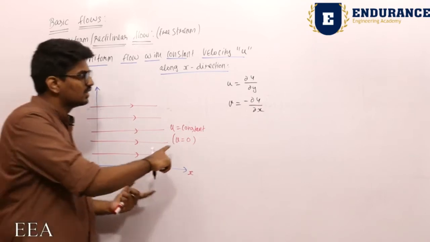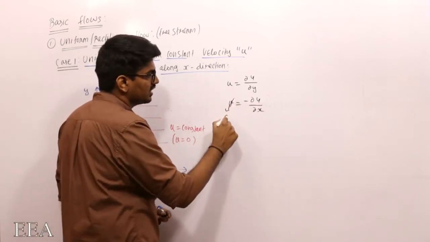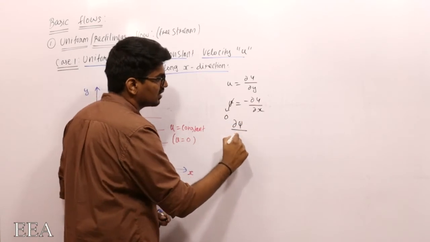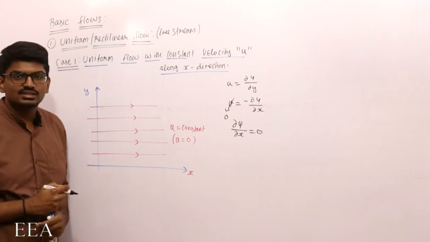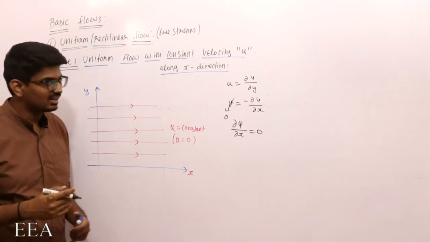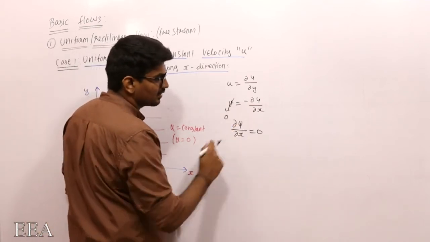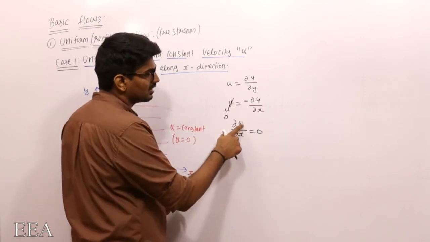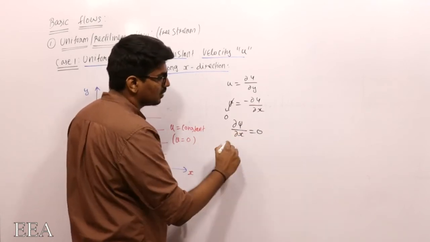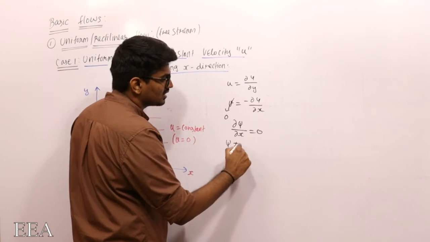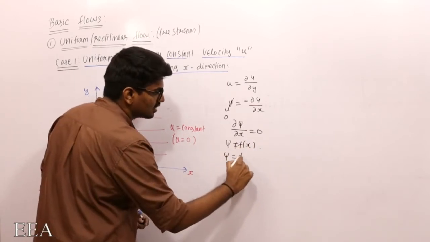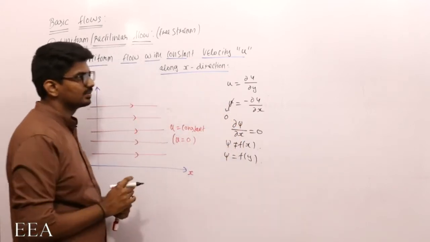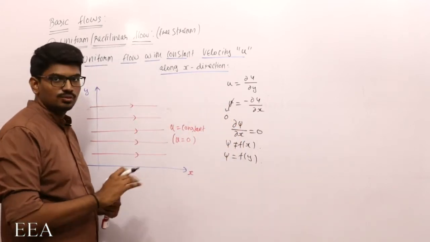So if v is 0, dou psi by dou x is 0. What does dou psi by dou x being 0 indicate? It means psi is not a function of x, right? If I differentiate psi with respect to x, it becomes 0, which clearly indicates psi is not a function of x. So psi is a function of y alone.